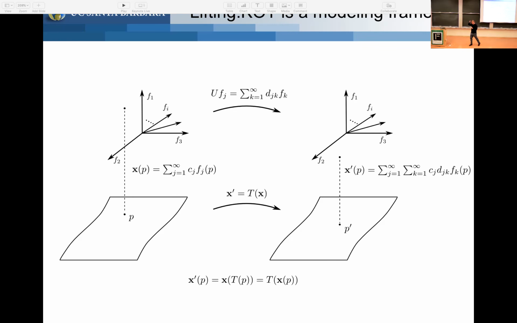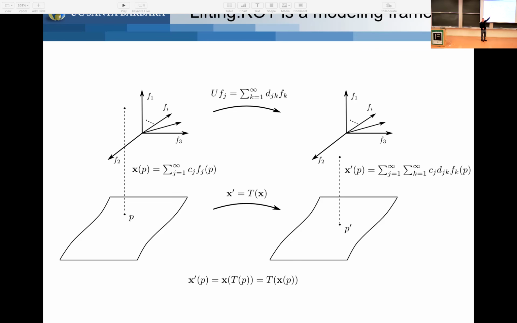But in general, it's some set of observations that I put together in a vector. Let's suppose that I put a basis f on that state space and expand the vector x using coefficients cj in a basis. Then I observe that fj is an individual observable on the state space, and so the action of U on that basis function fj I can write as a sum of matrix elements djk times fk.